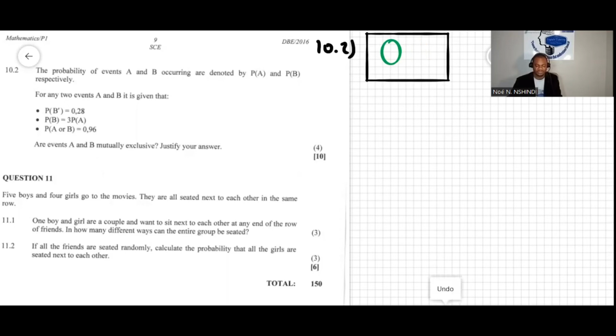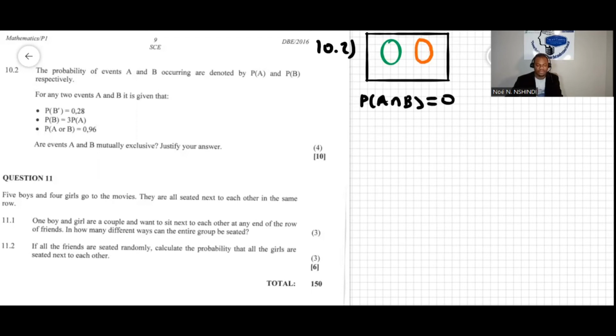Something like this Venn diagram, where there's no intersection. In other words, we are asked to prove that the probability of A and B equals 0.